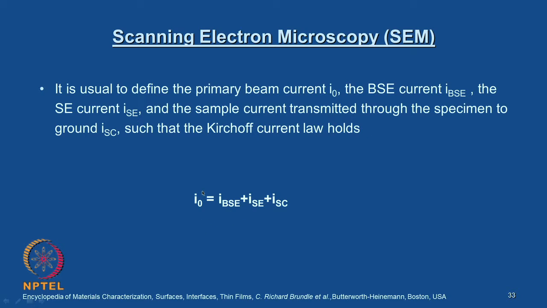So, the primary beam current can be represented as a summation of IBSE plus ISE plus ISC.